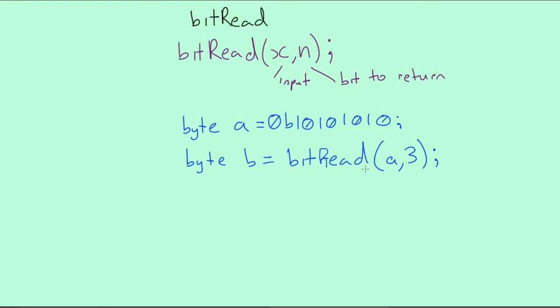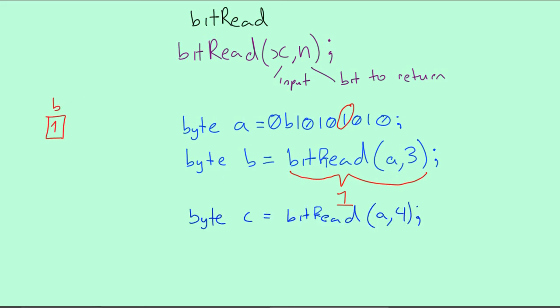So we're going to use bitRead on a as our input, and we're going to check bit 3, remembering that our bits start from 0 and they start counting from right to left. So if we have a look at bit 3, we get a 1. That means that b stores a 1.